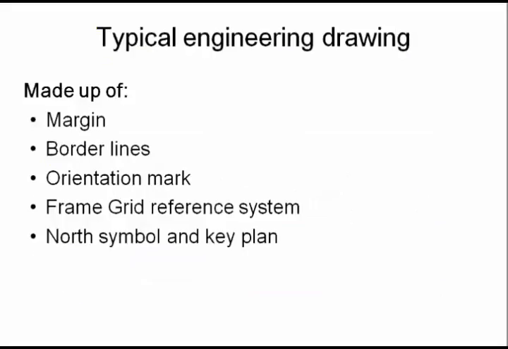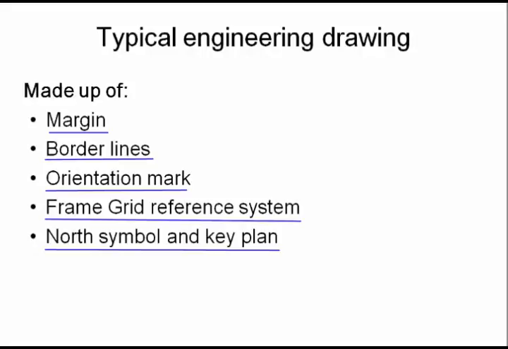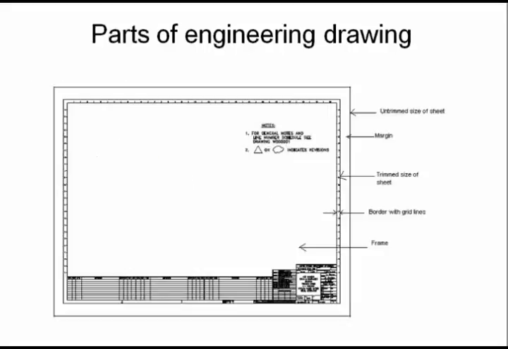So on a typical engineering drawing, you will have a margin, you will have a borderline system, you will have an orientation mark, you will have a frame grid reference system, and you will have the north symbol and key plan markings so that you know, if it's a scale drawing of a building, exactly which way you're facing and you know what you're dealing with. So every drawing is consistent, and here are those parts of a drawing.